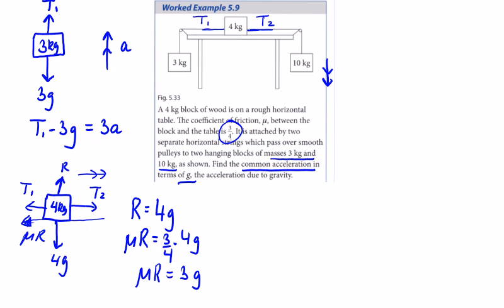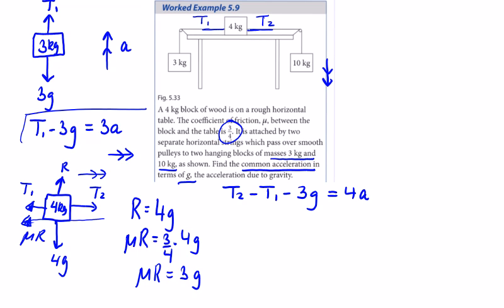And if we want our equation of motion, it's going to be going in this direction. So it's starting with T2. So what's going back? T1 is going backwards and mu R is going backwards. So T2 minus T1 minus mu R, which is 3G, that's equal to MA for A.